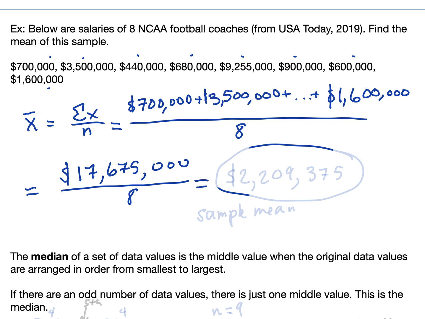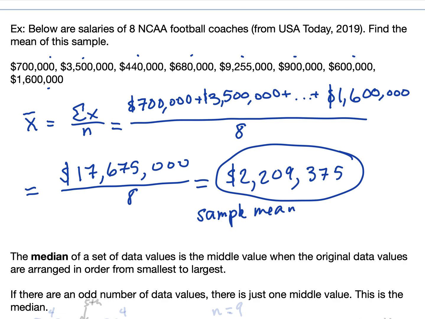And so I could then divide by 8, and this would give me 2,209,375. So that would be the mean, or the sample average. So this is our sample mean.